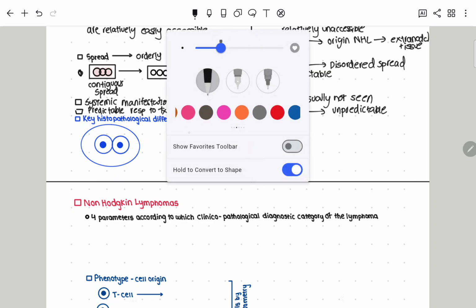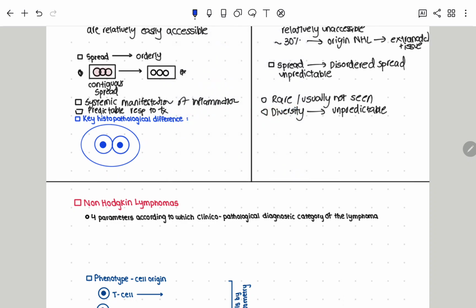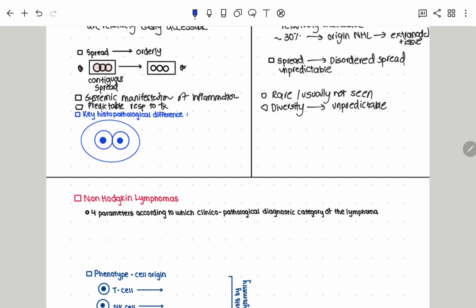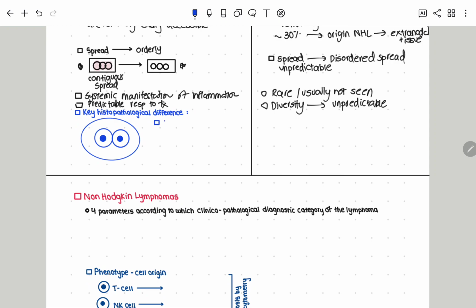Now, a key differentiator in terms of histopathology is the presence of Reed-Sternberg cells and their relative absence in non-Hodgkin's lymphoma. Under the microscope, Reed-Sternberg cells usually have two nuclei, prominent nucleoli, have that owl-eye appearance, which you will remember from some of the microbiology videos, and they can also have bilobed nuclei.